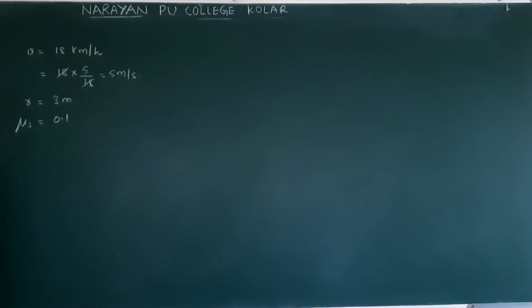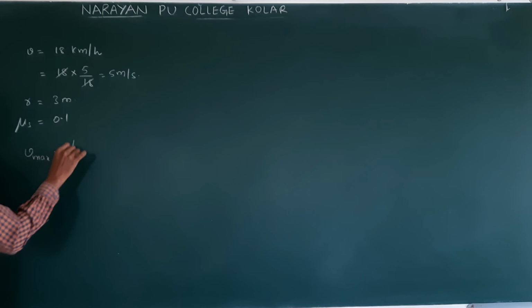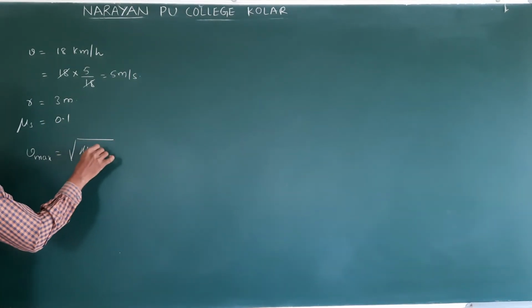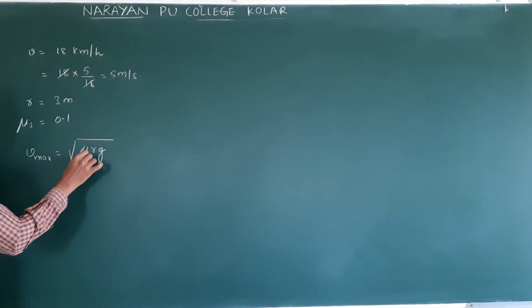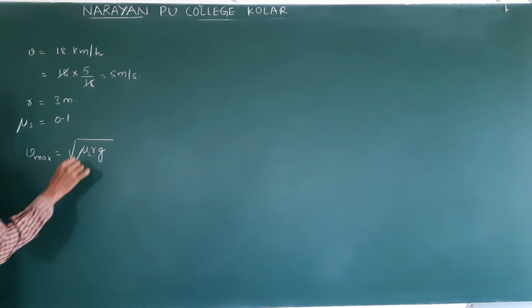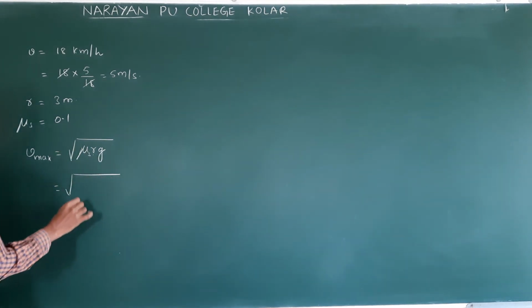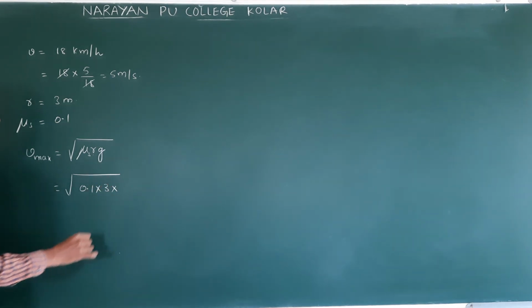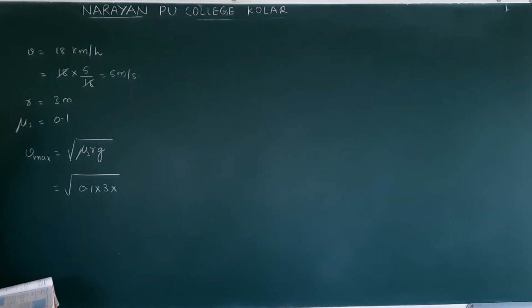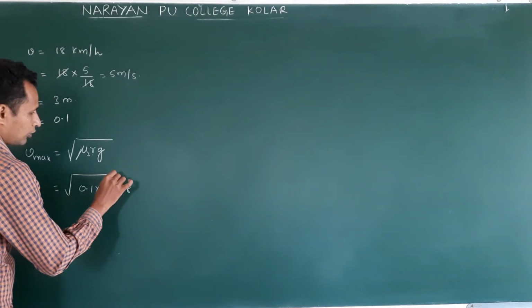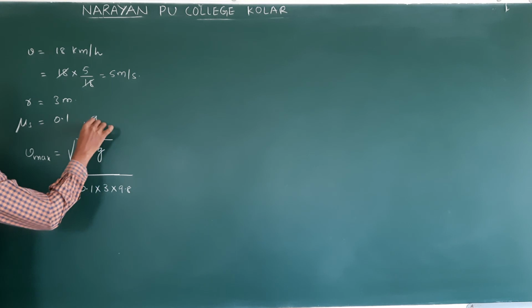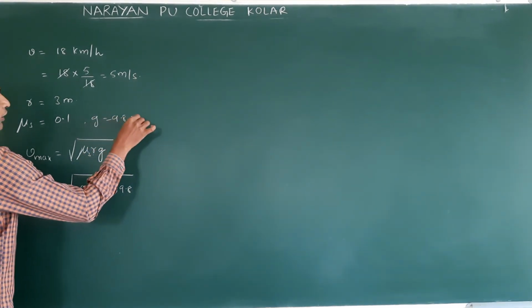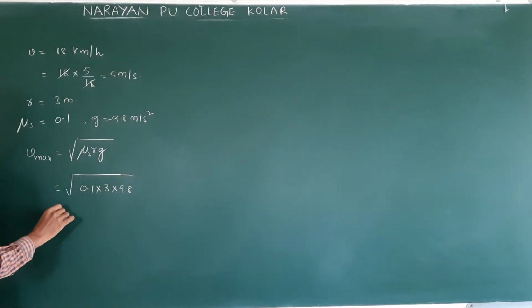What is the level road maximum speed formula? V max is equal to under root of mu s r g. So this is under root of 0.1 into r is 3 meters into g, which we are asked to take as 9.8 meters per second square.